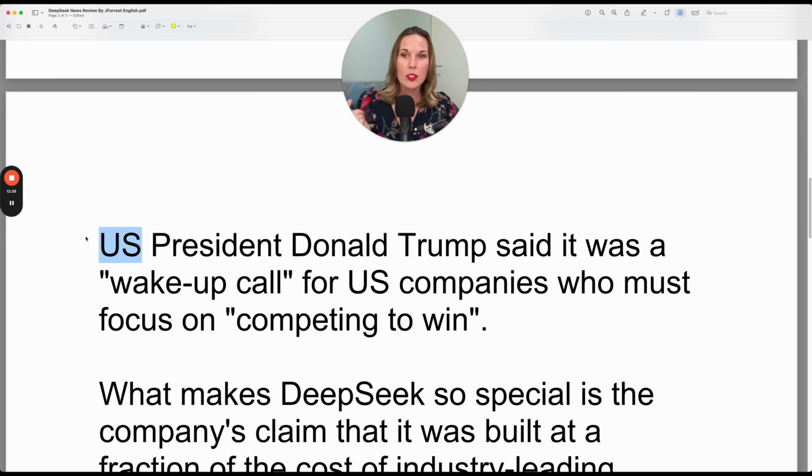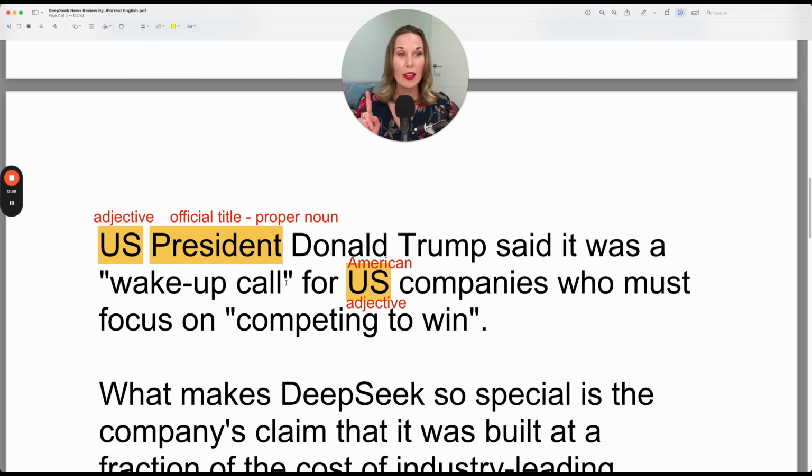And then US describes what type of president. So it's an adjective. And here US describes the companies. So it's an adjective. In this case, you could also replace it with American companies because American is an acceptable adjective that also means US. Now let's review.